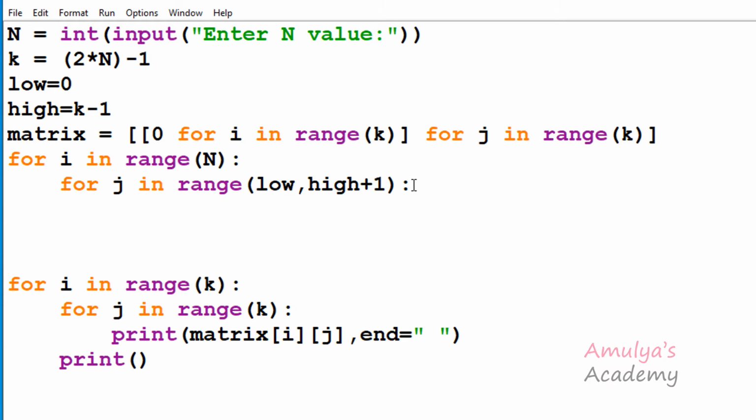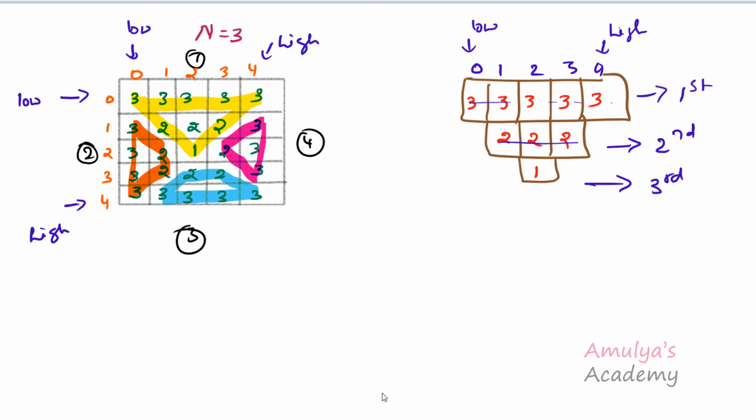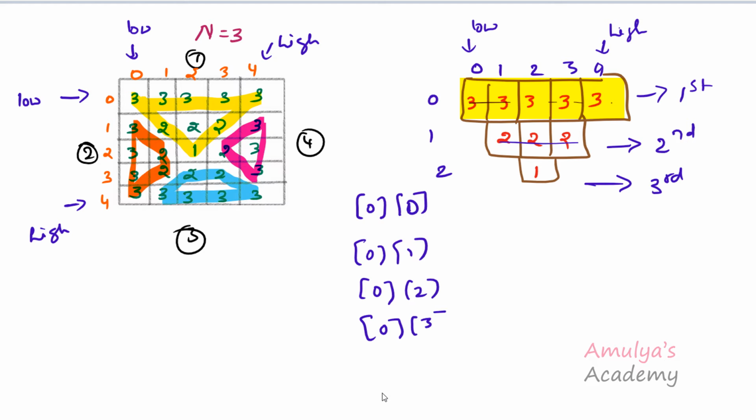So inside that I need to insert the value. To insert the value, I'll take matrix and here I need to take the index. In which places we want to insert the value. Here in the first iteration at 0th row and 0th column, at 0th row and first column, 0, 2, 0, 3 and 0, 4.